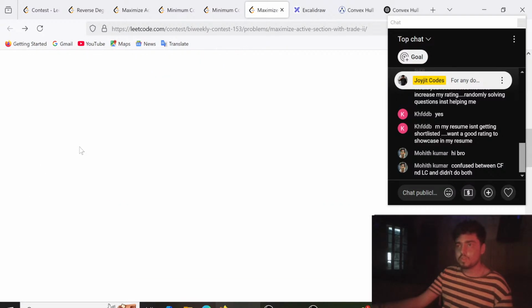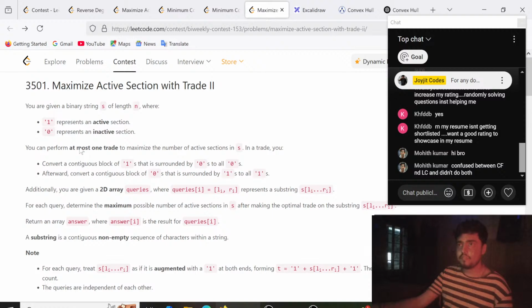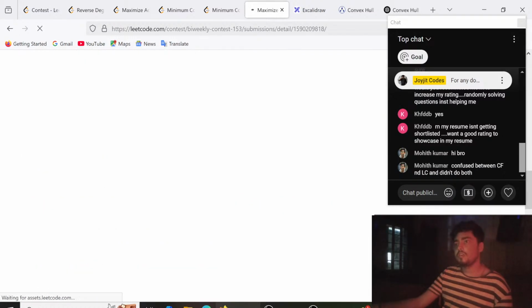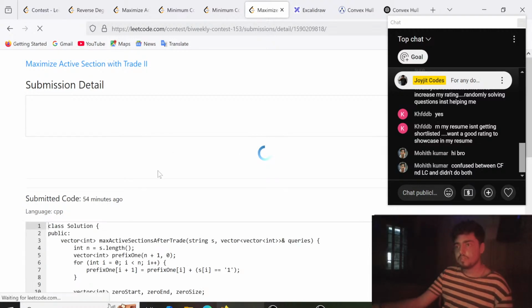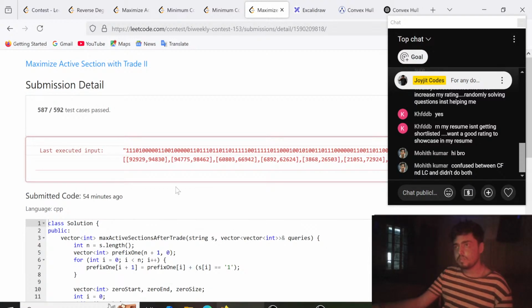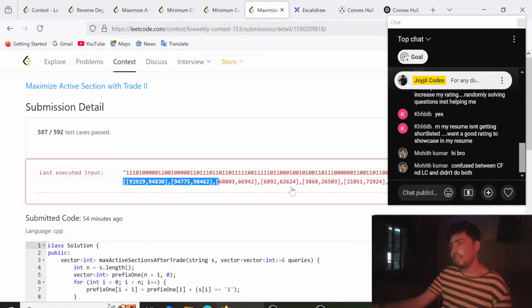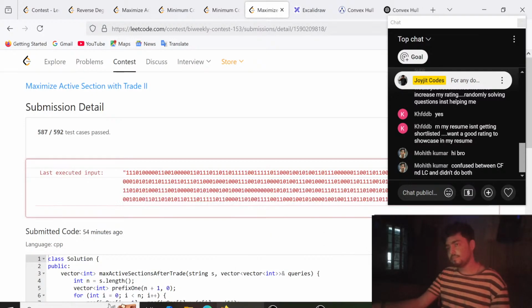We'll just go to the discuss and refresh again. You see this? When I had a very long case, it got a TLE. So that's the reason. Basically, that is what I mean.